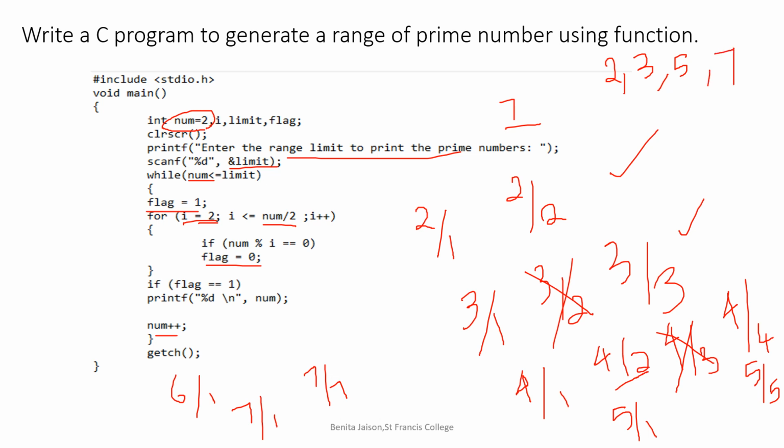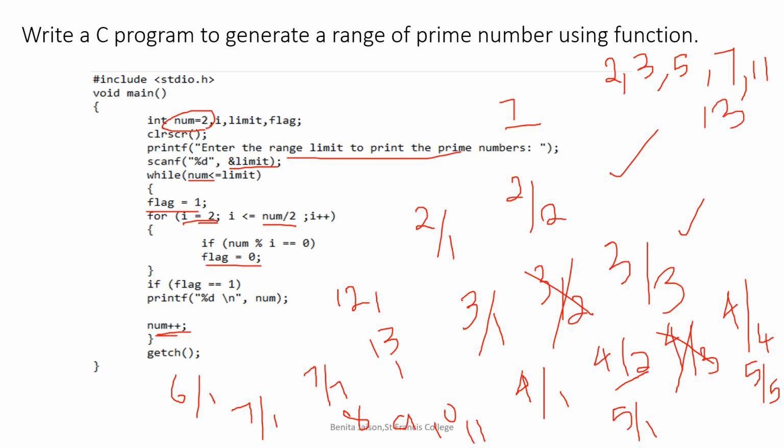So we got only 4 numbers till now, so we will take 8. We know 8 is not prime, 9 is not prime, 10 is not prime, then we will take 11. 11 we know is a prime number, so it will be printed. As we gave the length as 7, up to here we got only 5 numbers. After 11 num will be increased to 12. 12 is not prime. 13 is divisible by 1 and by itself, so it will be printed.